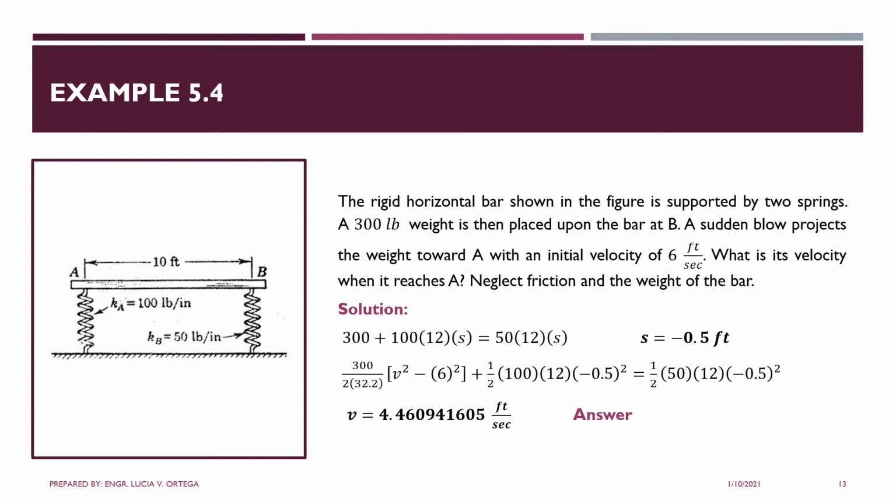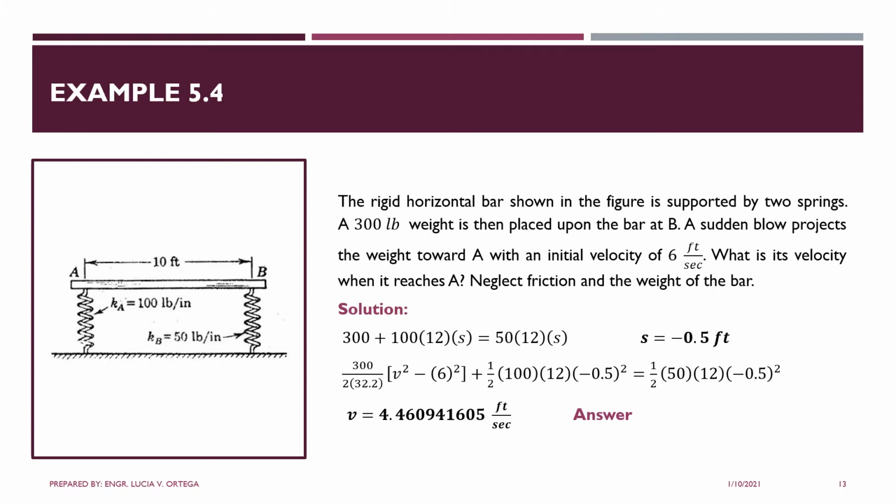Okay, and then applying the work energy equation. W over 2g times V squared minus 6 squared, the initial velocity, plus 1/2 Ks squared, 100 times 12 times S, which is negative 0.5, is equal to the work here.